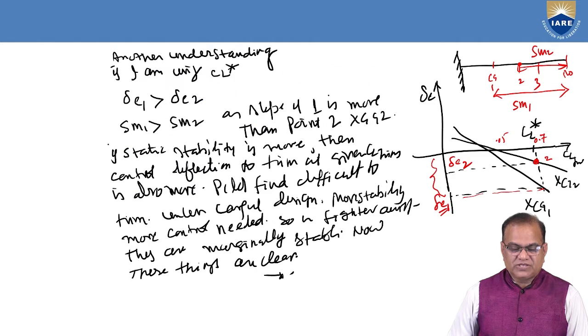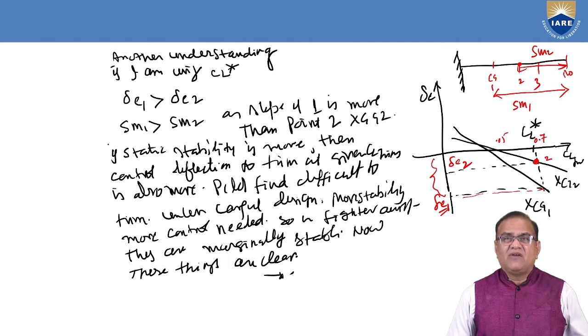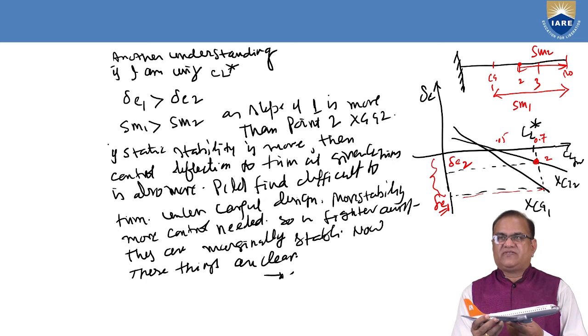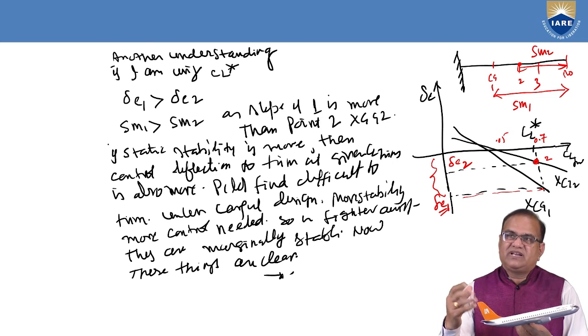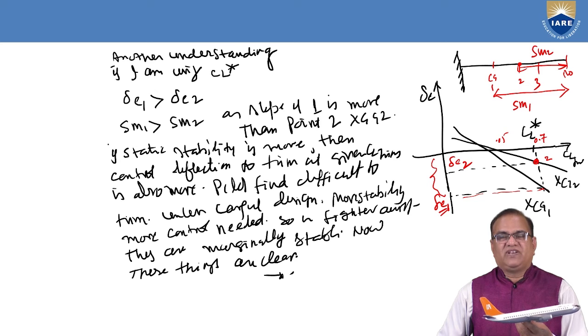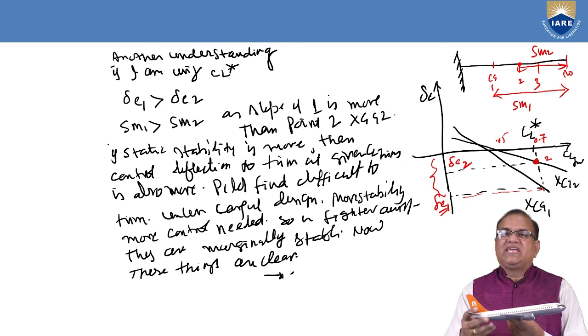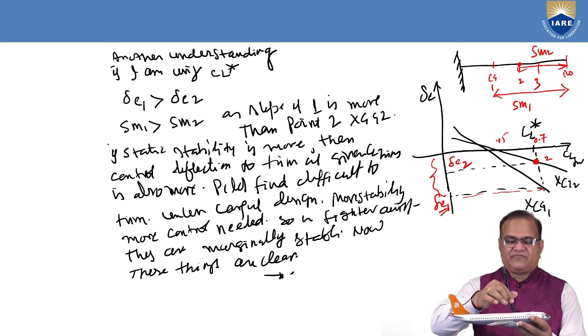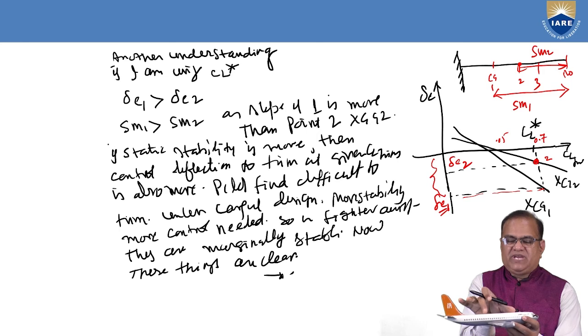Okay, so I will explain further. If I want to fly the aircraft at a certain coefficient of lift, assume initially your CG is somewhere here and your neutral point is behind.